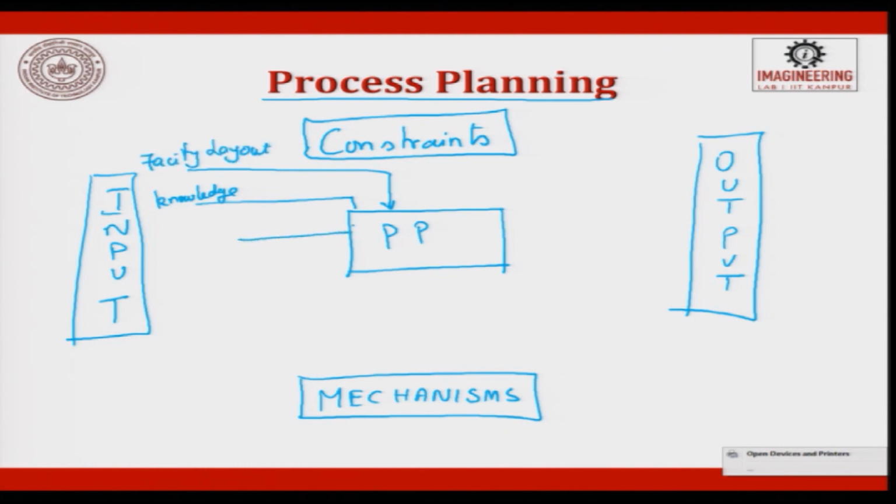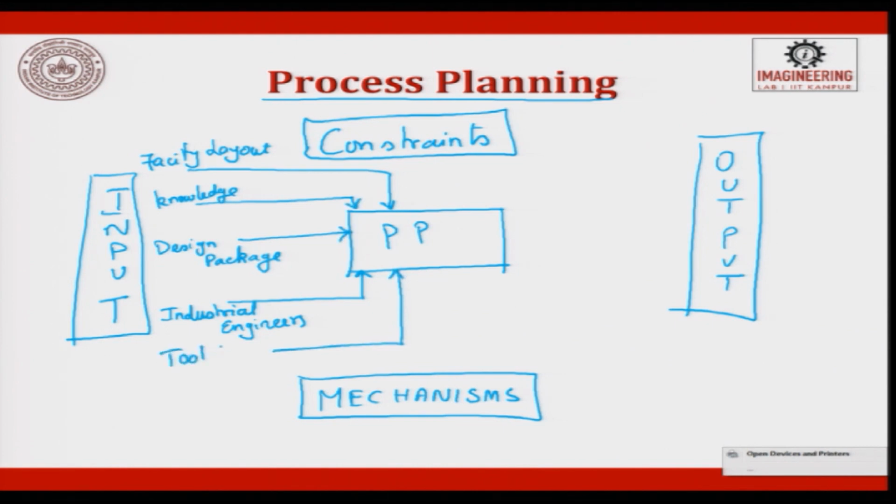Then he must have a knowledge of design packages. Okay. He should have an understanding of industrial engineering: how many people are required, how many machines are required, what the cycle time is, and then he should also get the input from the tool and gauge designer.